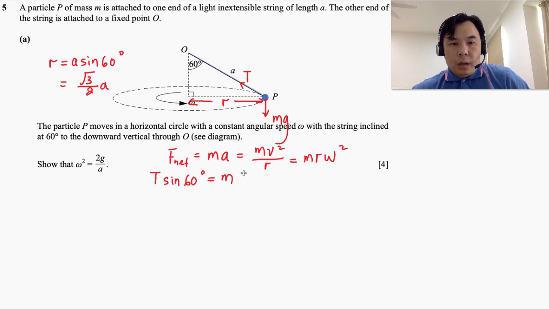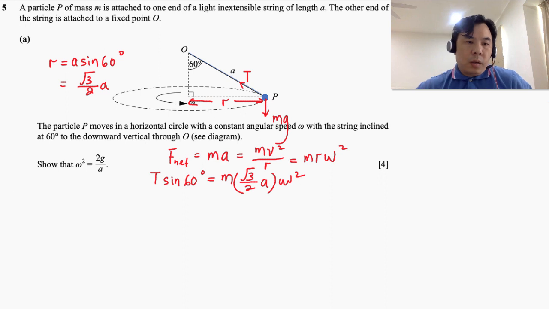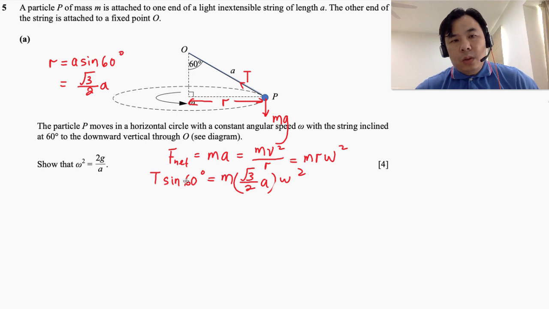From here we substitute root 3 over 2 a times omega square. Now we can simplify this a bit, because sine 60 is also root 3 over 2.